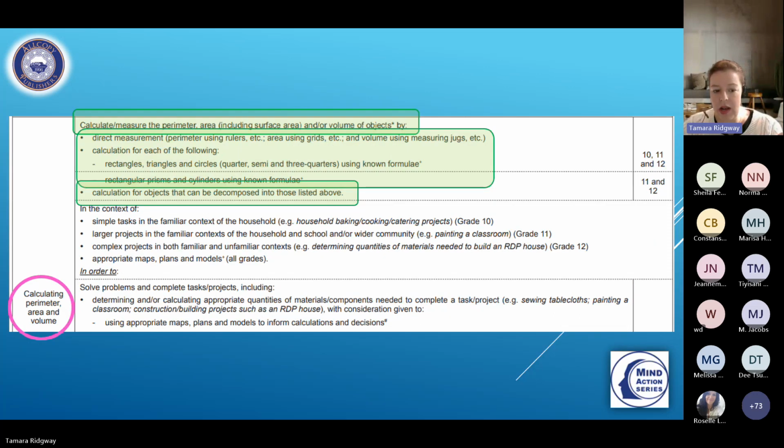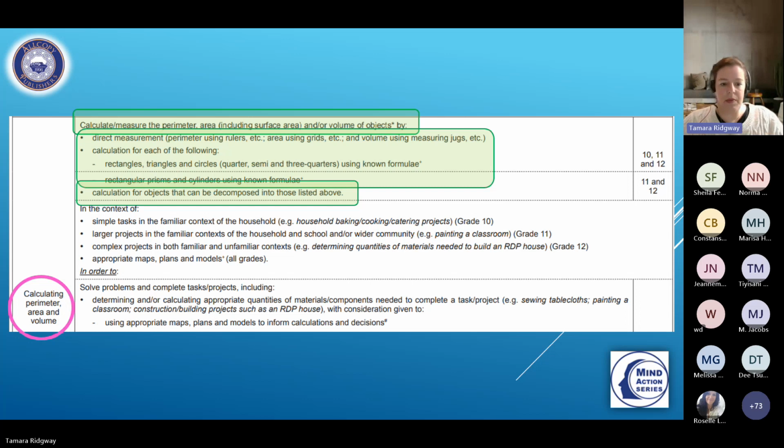It's also under calculating perimeter, area and volume, where we calculate perimeter and area, including surface area, and direct measurements with surface area calculating for each of the following: rectangles, triangles, and circles.